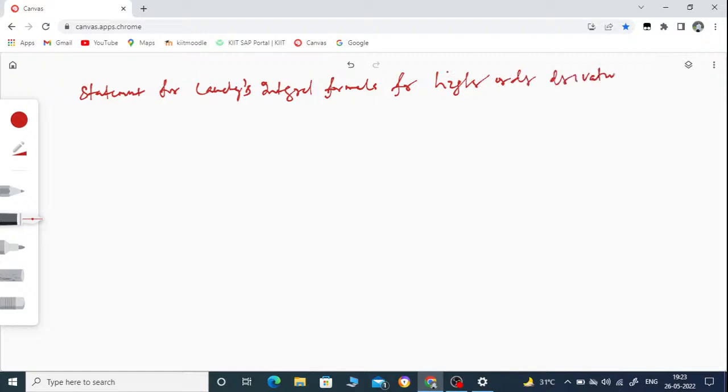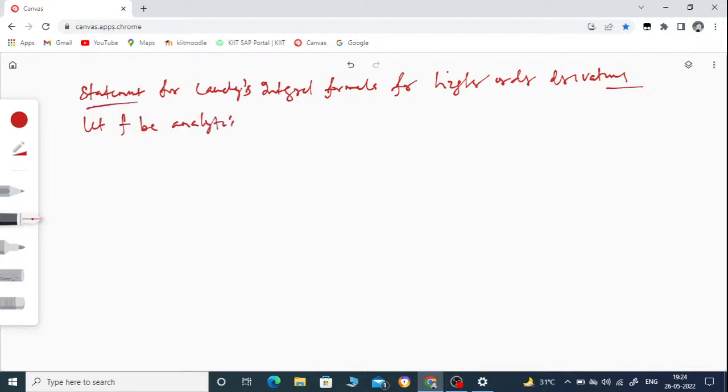This is the statement of Cauchy's integral formula for higher order derivatives. What is the statement?